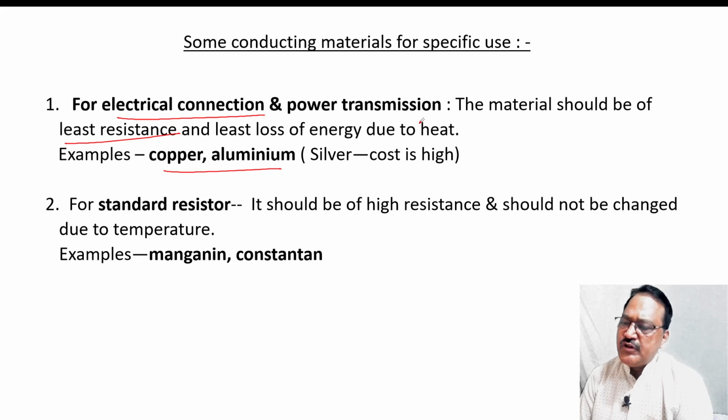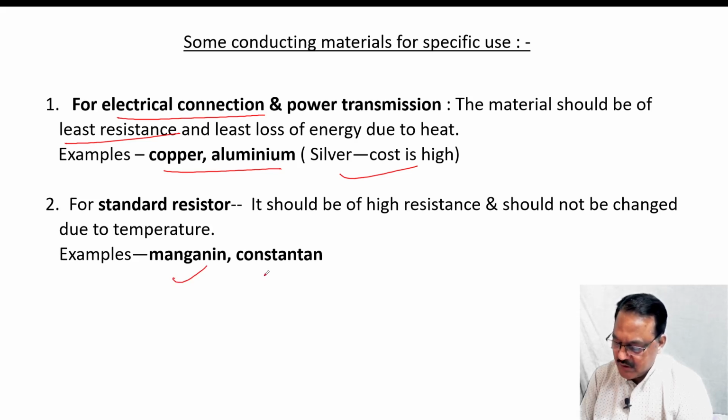Silver is mostly not used because it is a costly affair. See, for standard resistor, for making a resistor or varying the resistance value, these are the materials used, that is manganin and constantan.